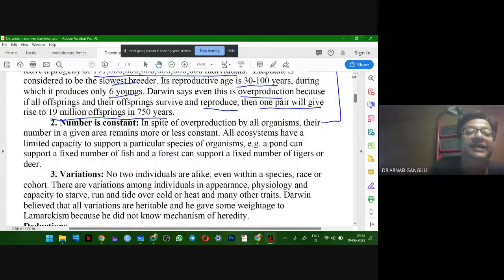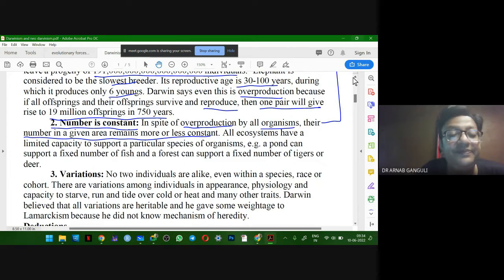The second observation is that numbers are constant. In spite of overproduction by all organisms, their number in a given area remains more or less constant, because in an ecosystem there is a limited capacity to support a particular species. For example, my small house has a maximum capacity to support 2 people, and if 4 people are living here, immediately we find problems in water and space, and there is conflict among individuals.